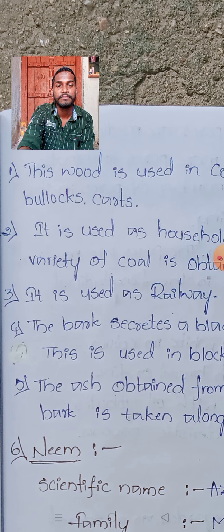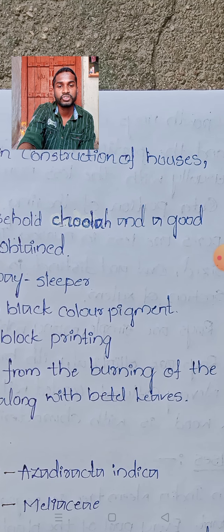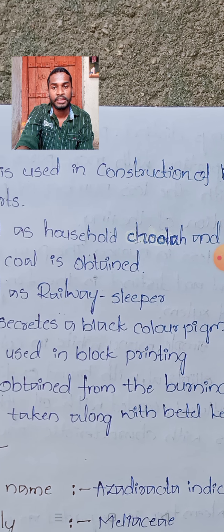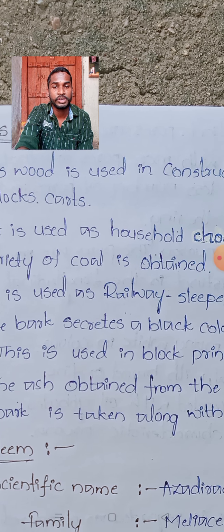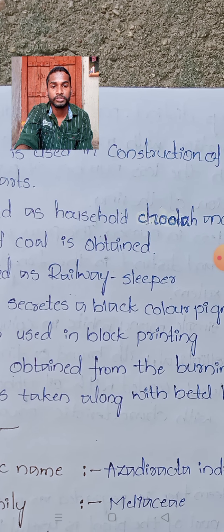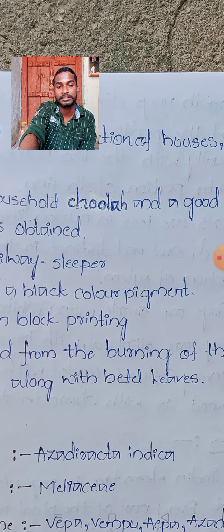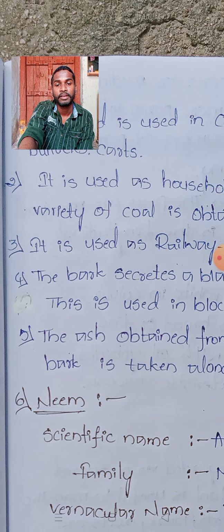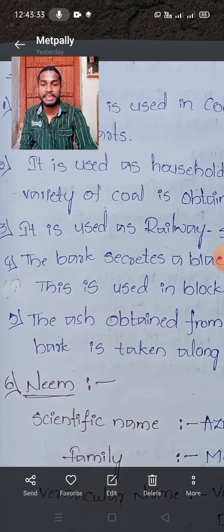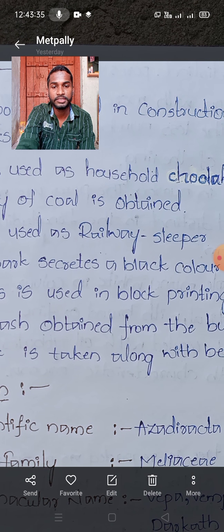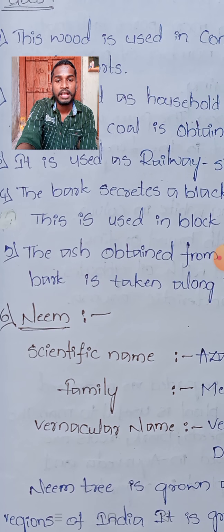Uses: the wood is used in the construction of houses and carts. It is used as household coal, and a good variety of coal is obtained. It is used in railway bogies and railway sleepers.